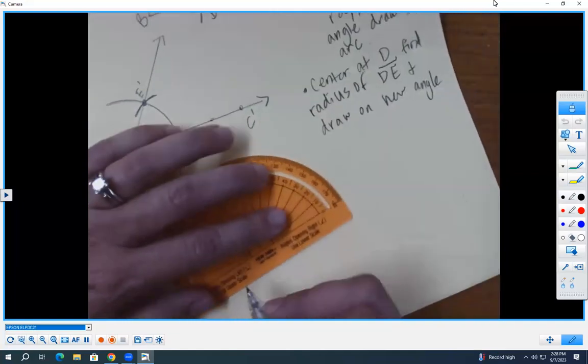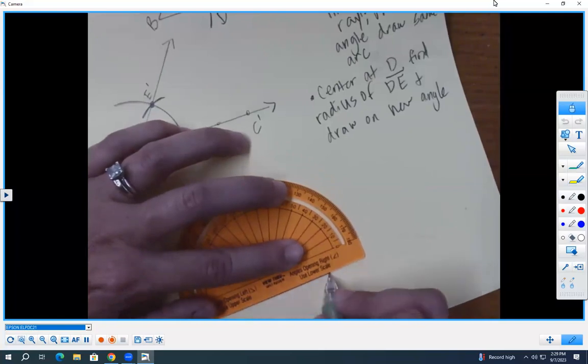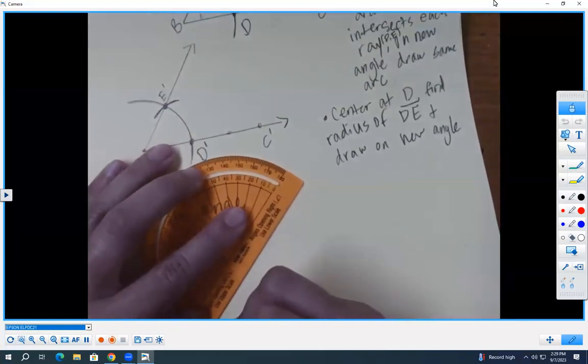So we're going to draw some angle. I'm going to do an acute angle again.